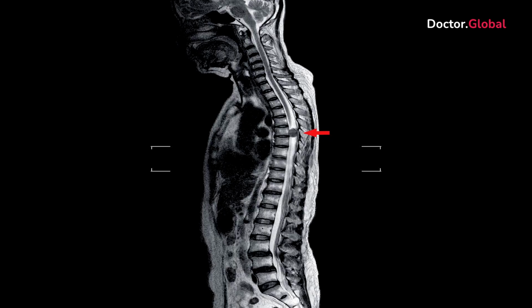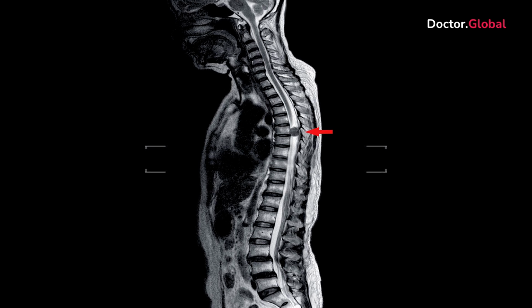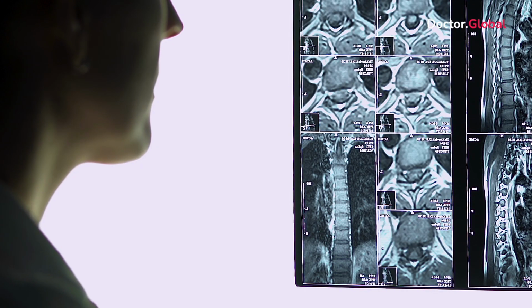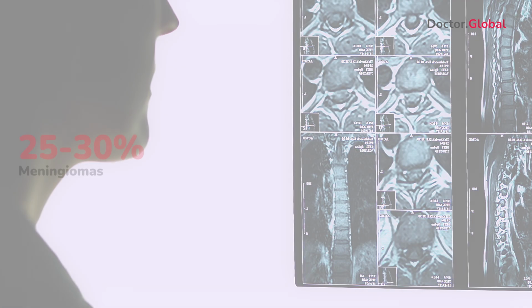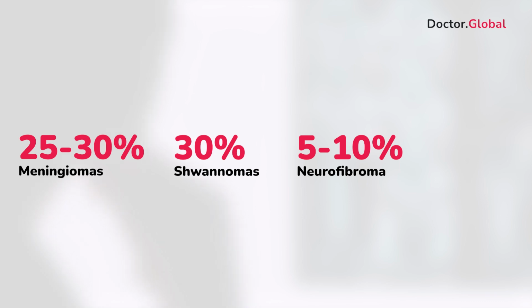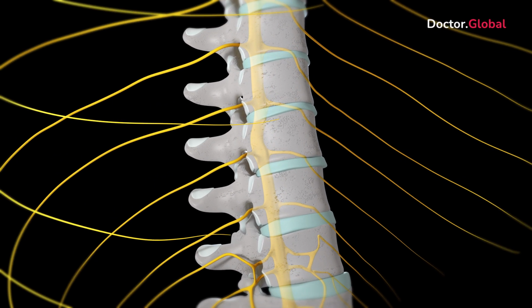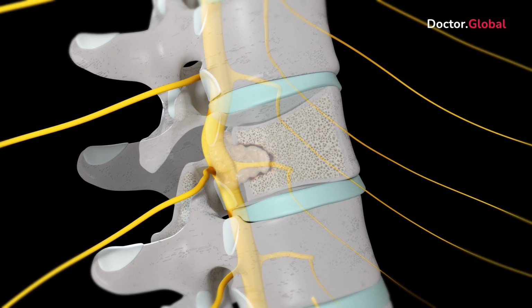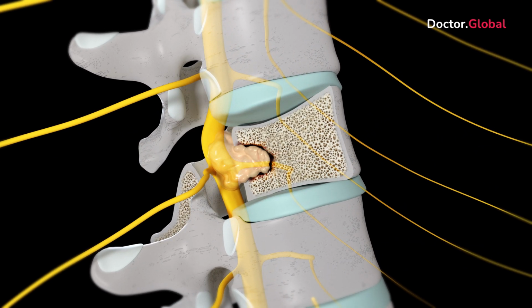Extramedullary tumors are growths outside the cord within the protective covering known as the dura mater. The most common subtypes include meningiomas 25–30%, schwannomas 30%, neurofibroma 5–10%, and chordomas less than 5%. Extradural tumors are the most common type of primary spinal tumors originating within the vertebrae.